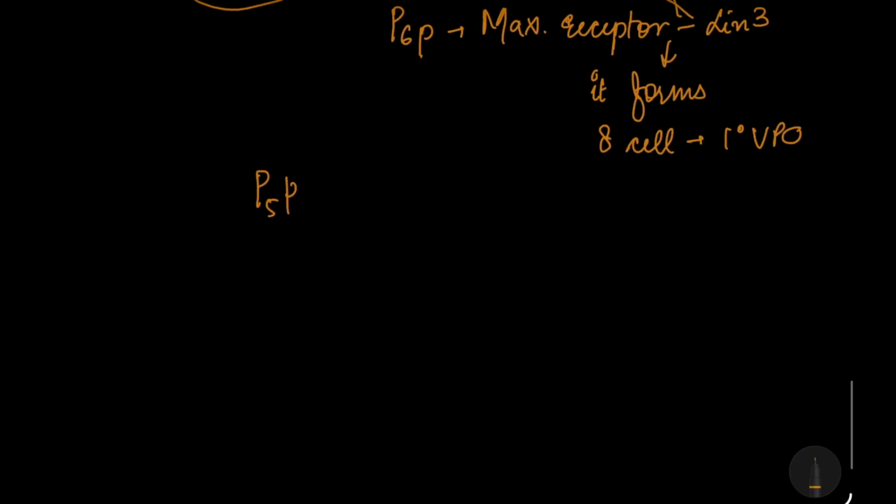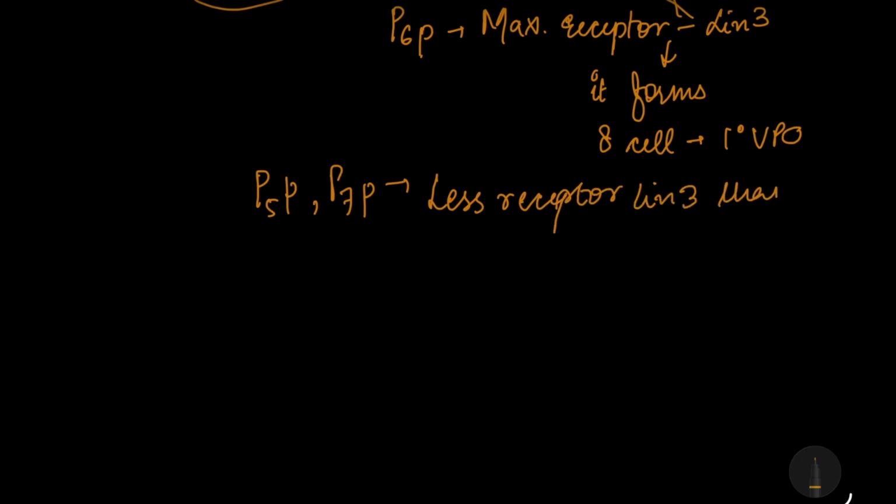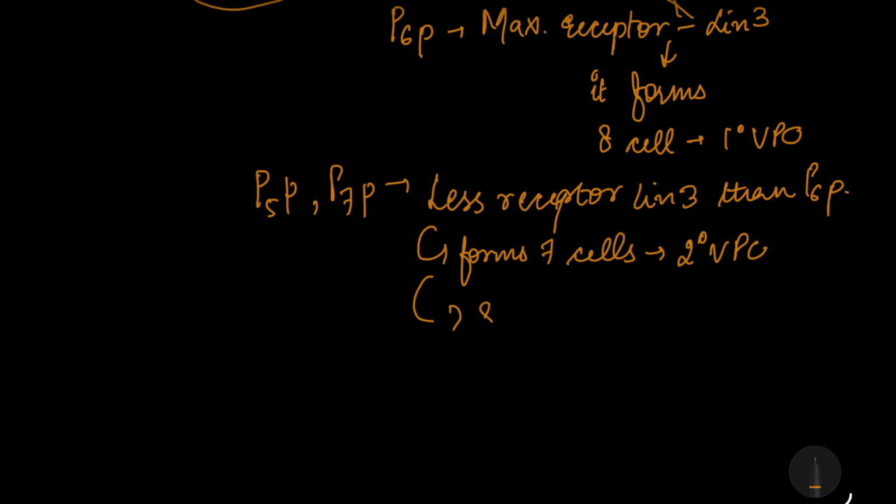P5P and P7P have lesser receptor of Lin3 than P6P, right? So it forms 7 cells both, and it is the secondary VPC. So 8 plus 7 plus 7 leads to 22 cells.